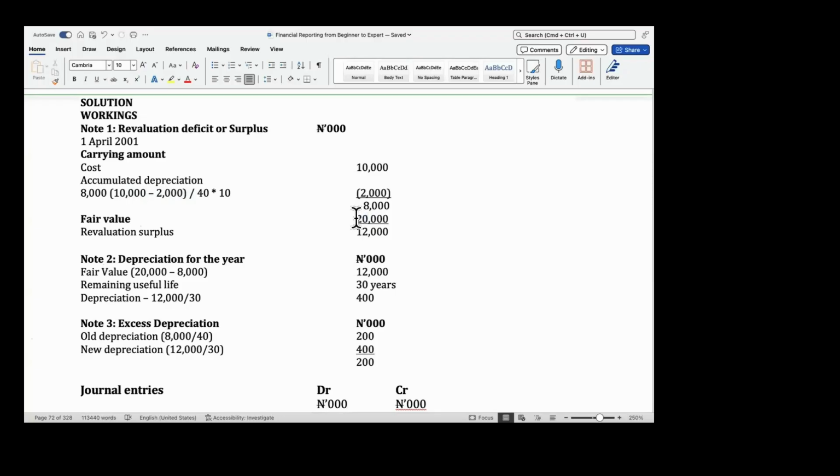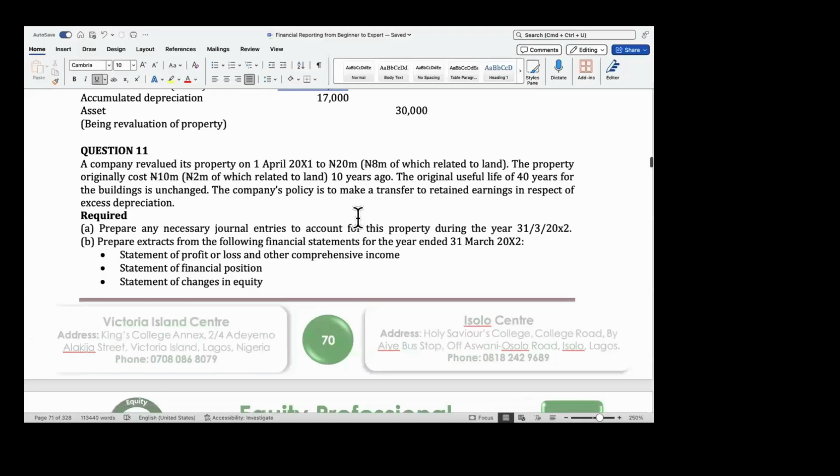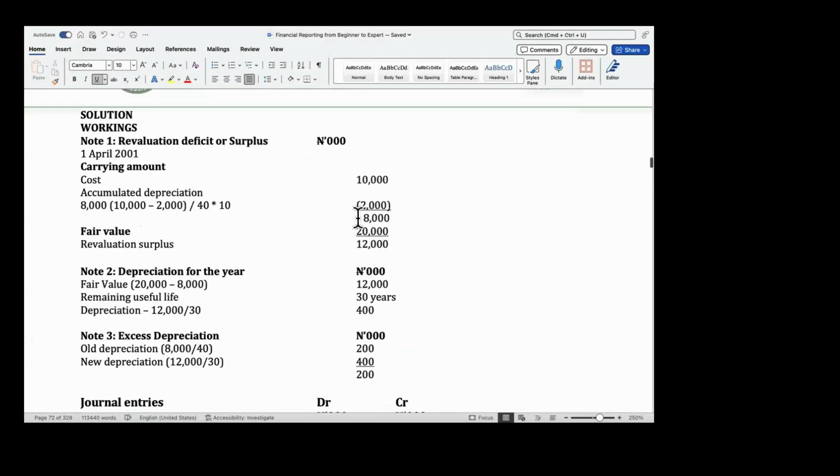Yes, it should be 12 million, because we were told that 20 million is the worth of the land and the building, and the worth of the land is 8 million. So the value of the property should be 12 million, not 20.